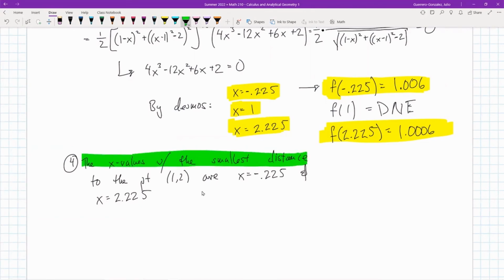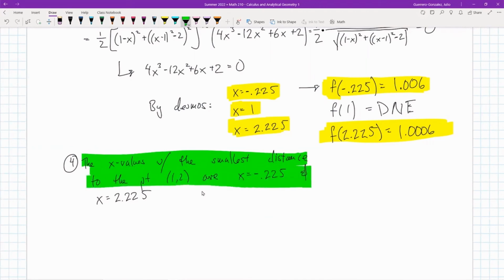So remember what we were trying to do. We were trying to find the points where the distance to the point (1, 2) is the smallest, but it's got to be on that graph. It has to be on that f of x. And that's exactly what we did. The 2 points that will do it are x equal negative 0.225 and x equal positive 2.225.